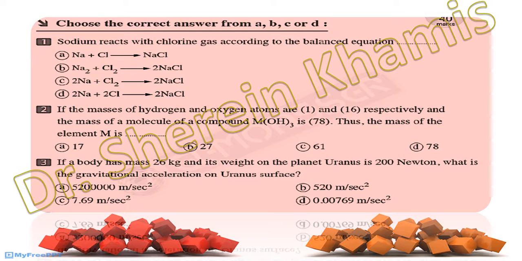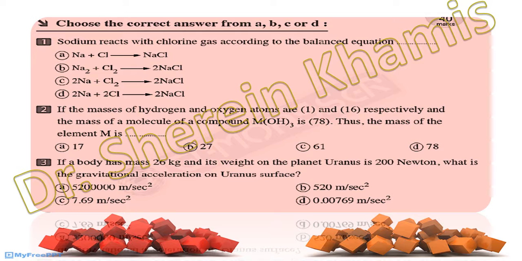Question 1 from the last exam, exam 5 today. Choose the correct answer from A, B, C, or D. We have sodium reacting with chlorine gas according to the balanced equation. Sodium is monovalent, and chlorine is also monovalent, but it is present in nature as a diatomic element.